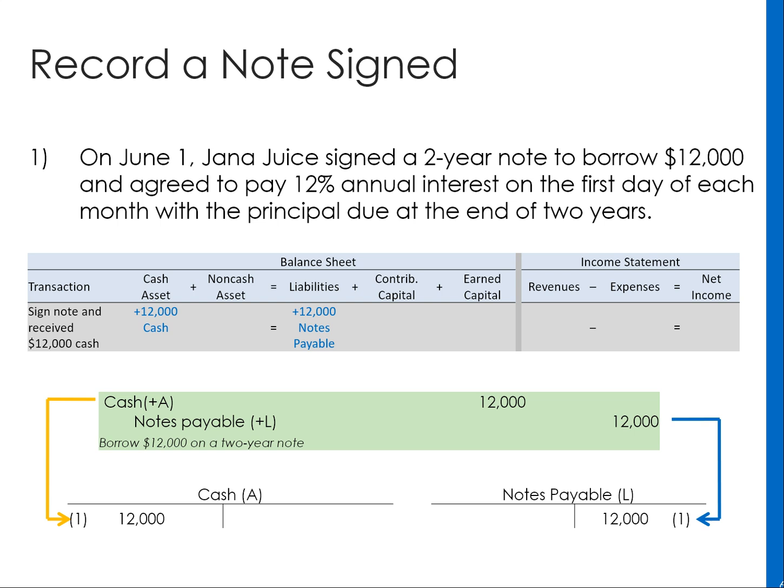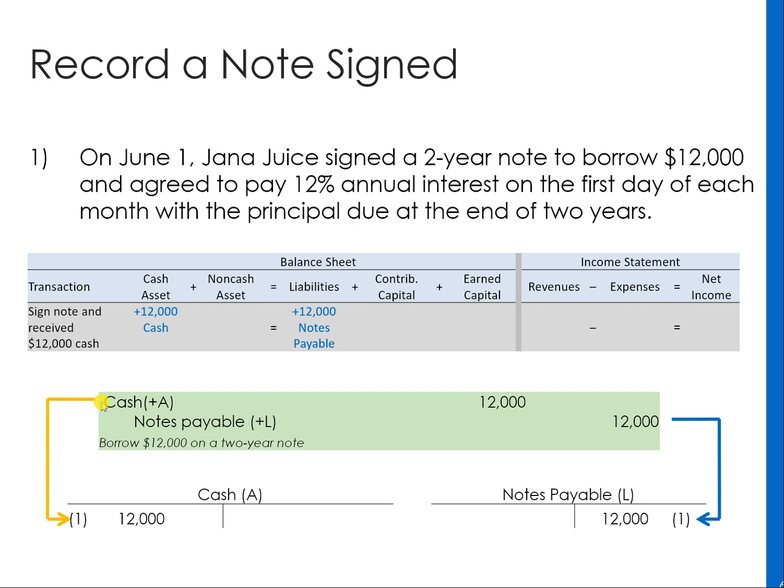We have seen these transactions before. So let's talk about the journal entry directly. We're going to increase our cash and we're going to increase our liabilities. Remember, increase cash, that's a debit. Increase liability, that's a credit. So we debit cash and we credit notes payable, $12,000. Right? We have journalized the transaction.